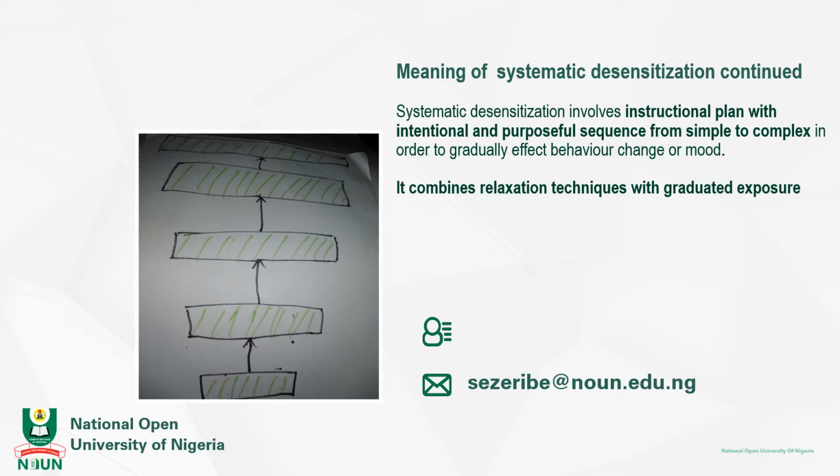You see from this small one here, you follow the arrow, it gets to the bigger one, then to the bigger one, and to the biggest one. That is the way systematic desensitization works. When you are applying it, you start from the lowest fear-provoking stimuli, and then you get to the higher one, and you graduate it in that way until the fear is overcome. That is why it is called graduated exposure therapy.